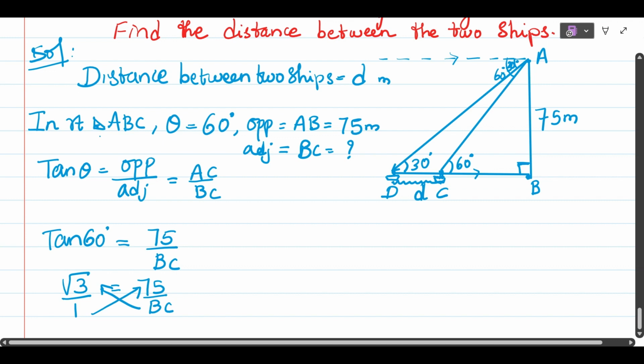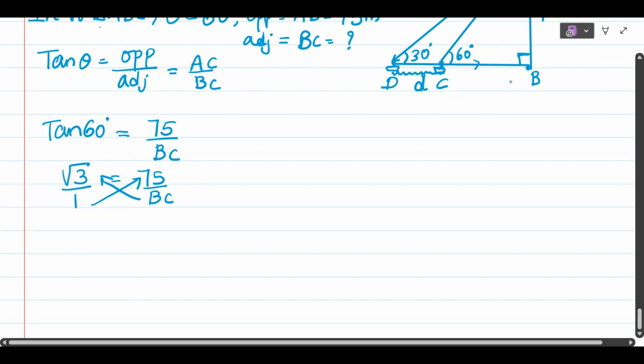So BC into root 3 gives BC root 3, that is equal to 1 into 75 gives 75. Now transpose the root 3 to the right-hand side. You will get BC is equal to 75 divided by root 3.